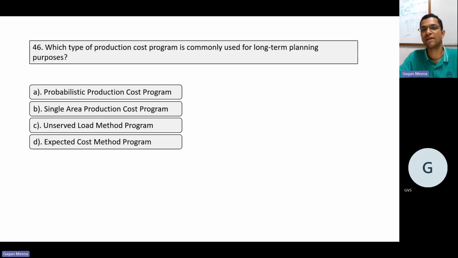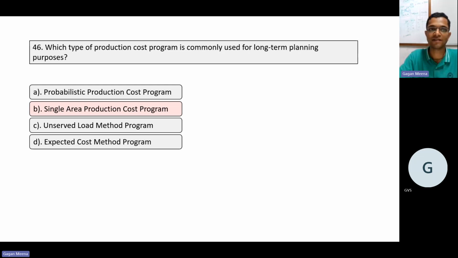We make these simplifying assumptions, otherwise it becomes too complicated and intractable. Even the existing solvers may not be able to solve them. That's why we make these simplifying assumptions, especially for long-term planning problems, where the number of variables is very large.